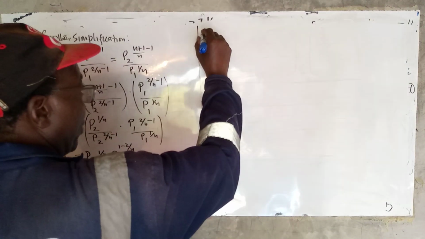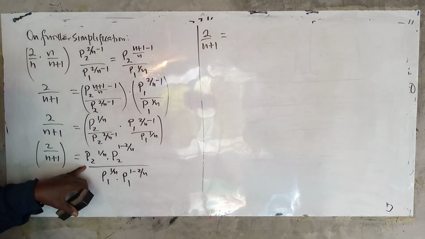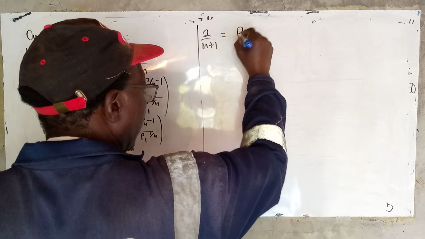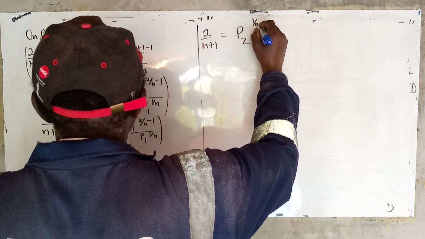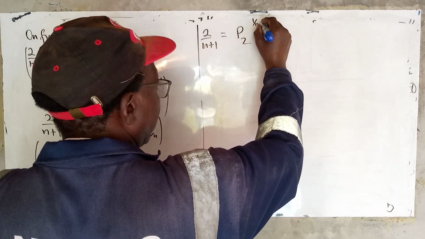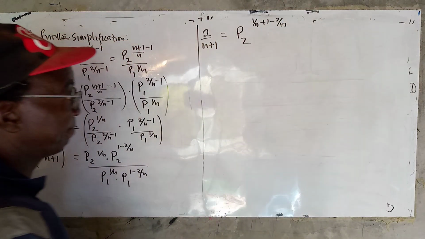Simplify the exponents. So we have 2 over n plus 1. That will be P2. Now, we are adding the exponents: 1 over n plus 1 minus 2 over n.